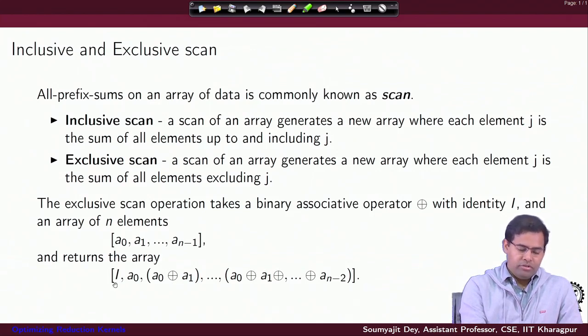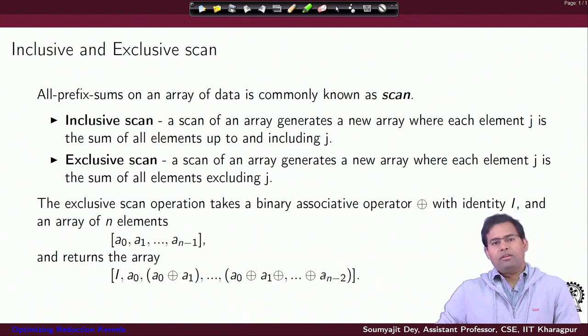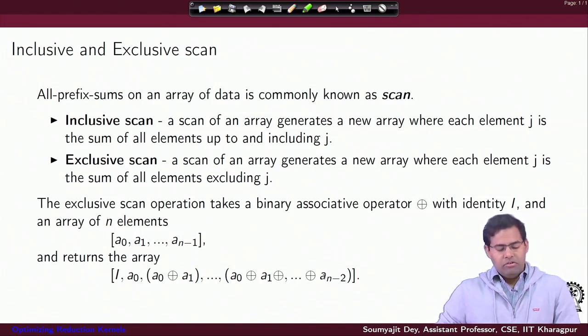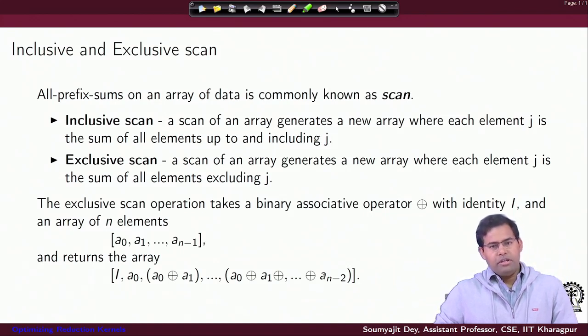Then in the 1st location, I am just having A0. In the 2nd location, I am having A0 plus A1, the sum of the first two elements. In the 3rd location, I am going to have the sum of the first three elements, and so on and so forth. Whereas if I had done an inclusive scan, in the second location I would have put A0 plus A1 plus A2, like that.